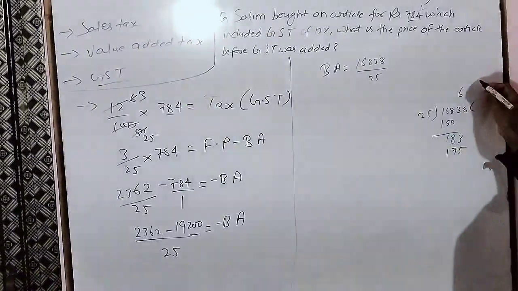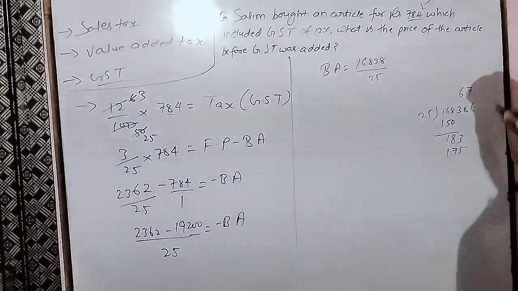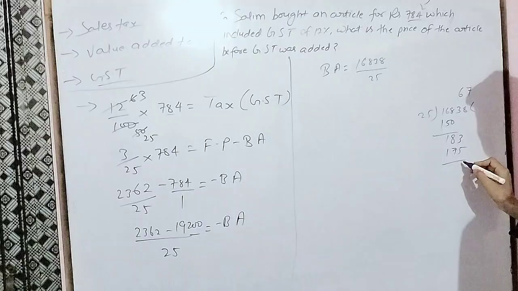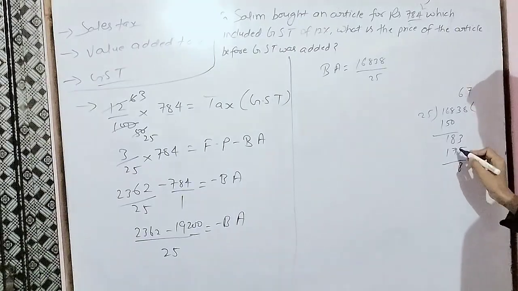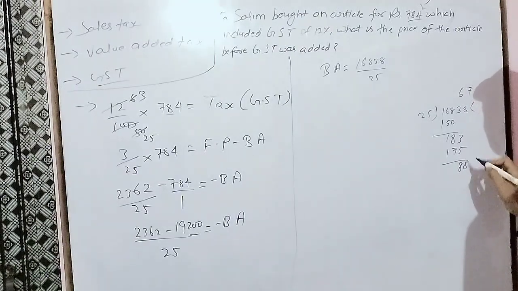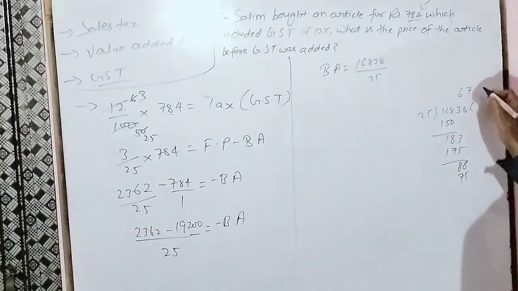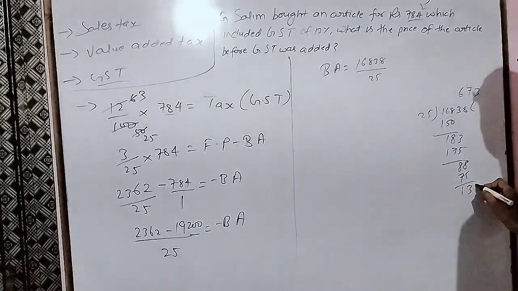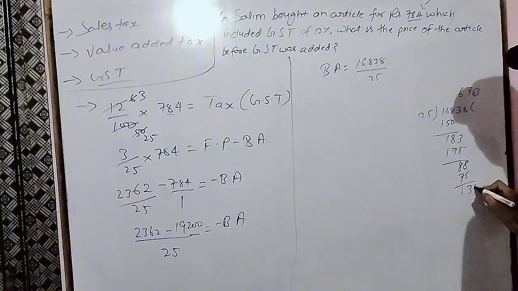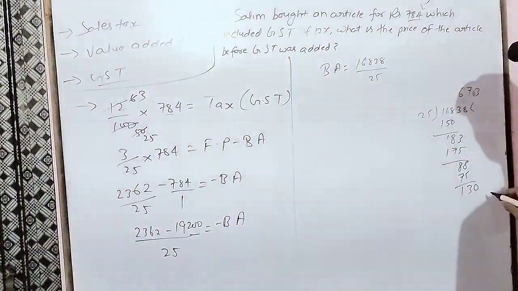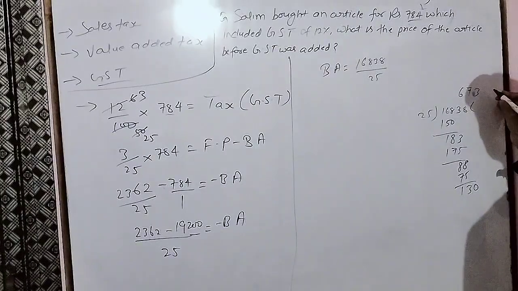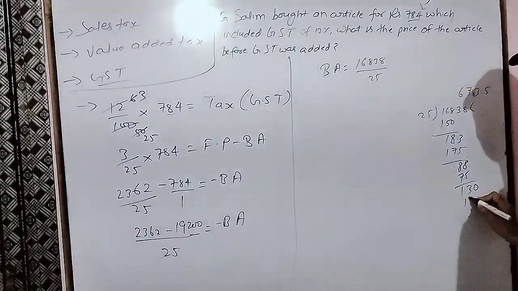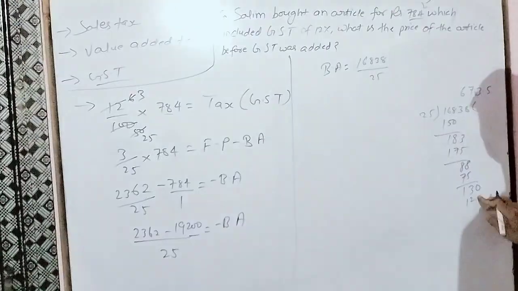Again 8, and then this is how much? 0, 8. How much? 3. And this is 1, and this is 0. It is 5. It is 5.